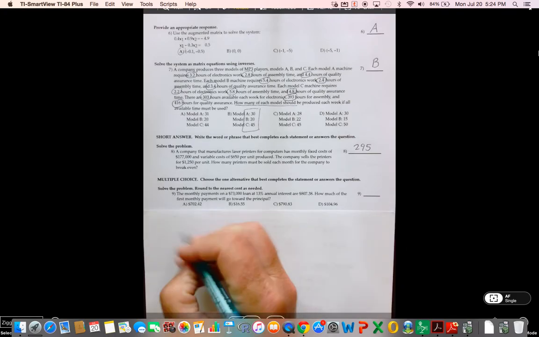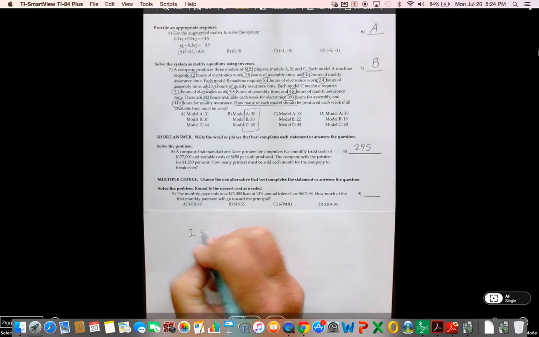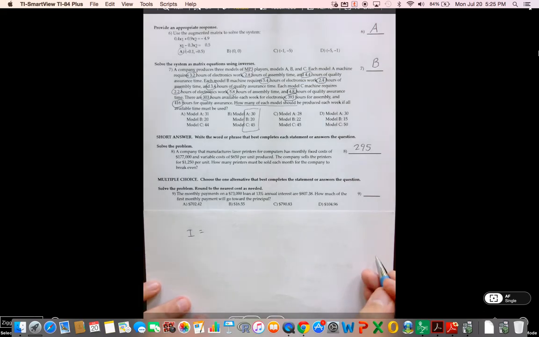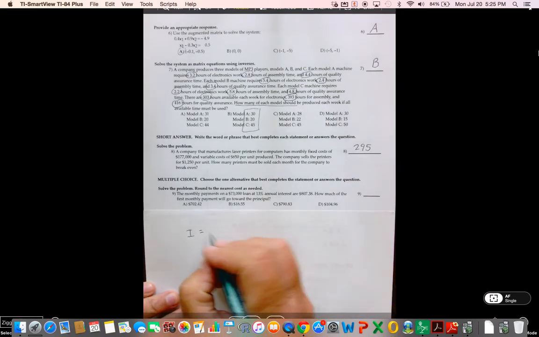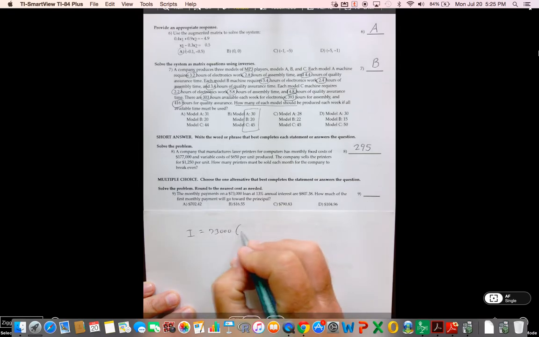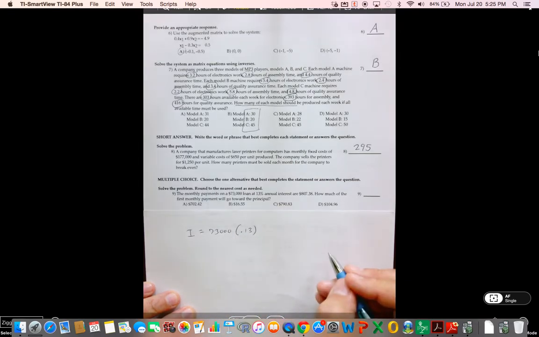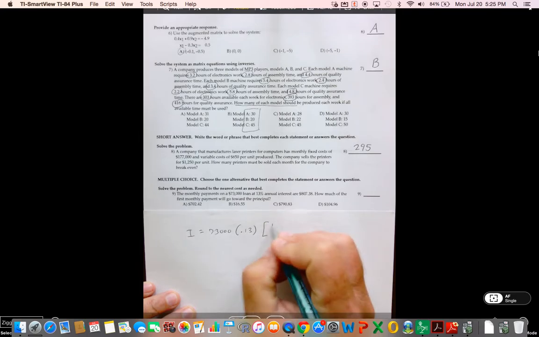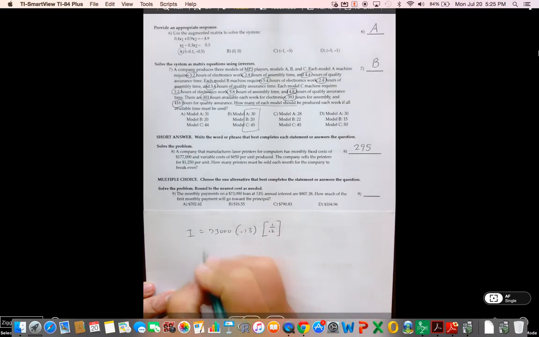Well, the easiest way to do that is find out what part of it is interest. So we know the interest on the first month on $73,000 at 0.13 over the first month can easily be found.